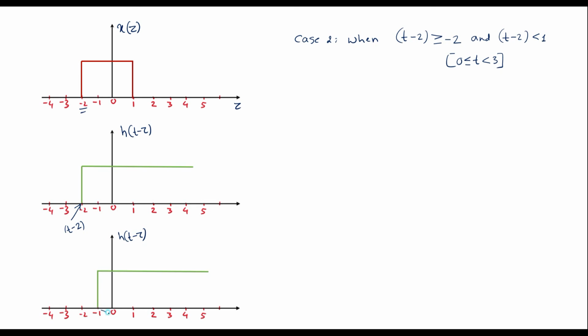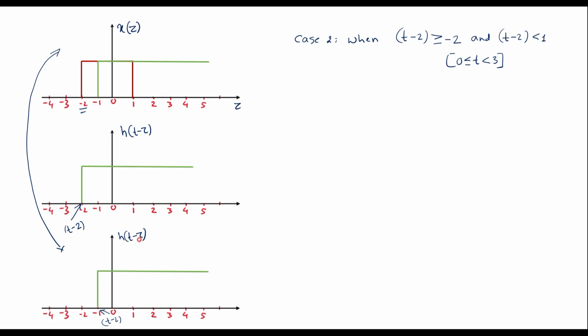So now we can say that this point is now t minus 2. So now if you perform the convolution between x of tau and this h of t minus tau, from the area that is from t minus 2 to 1, there will be an overlap region.